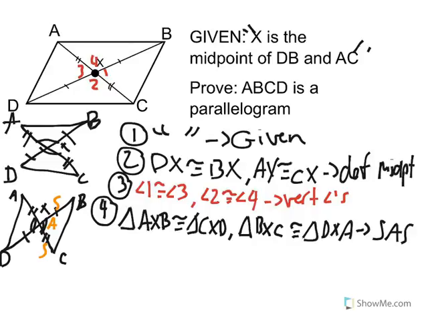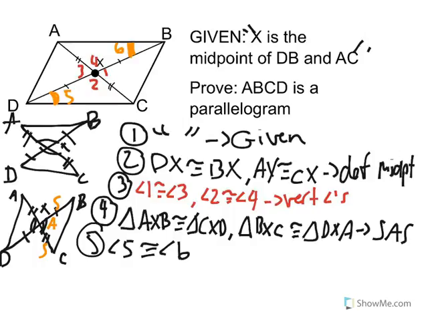By side, angle, side. So now what that does for us is allows us to use CPCTC. So looking at the top and bottom triangle, this angle would be congruent to this angle. So let's give them some numbers, 5 and 6. So angle 5 is congruent to angle 6.